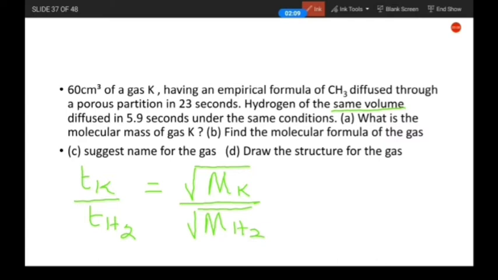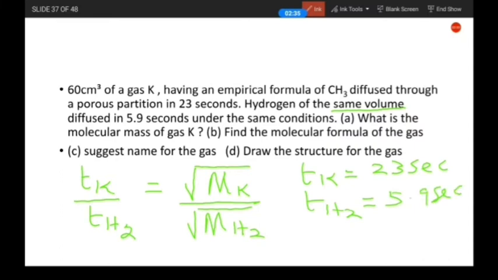Now let's bring out what we are given. We are given the time for gas K to diffuse, and that is Tk. Tk is 23 seconds. Very good. Now you notice that also we have time for hydrogen gas to diffuse, and that is also 5.9 seconds.